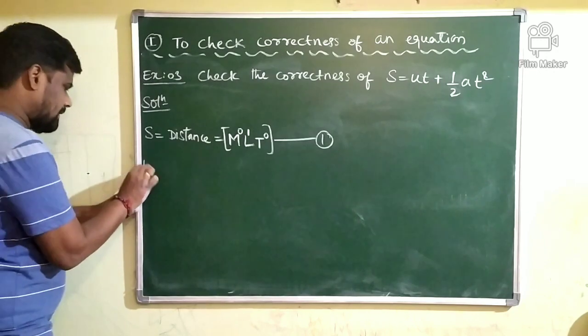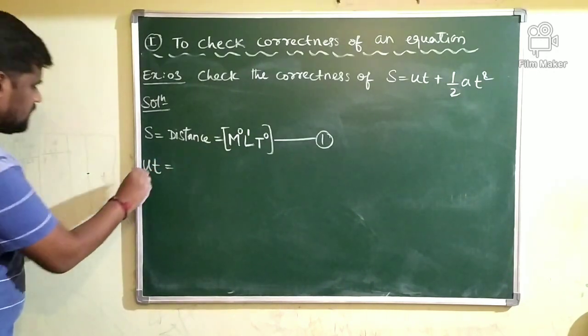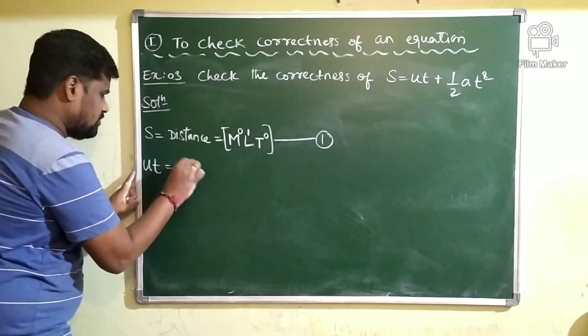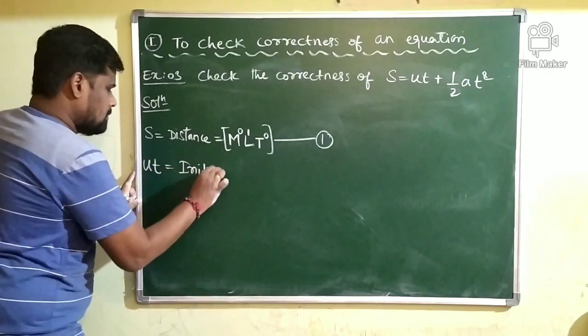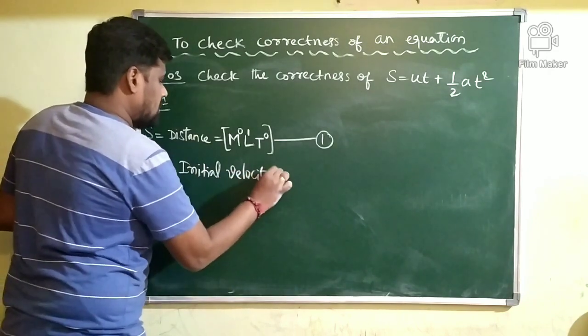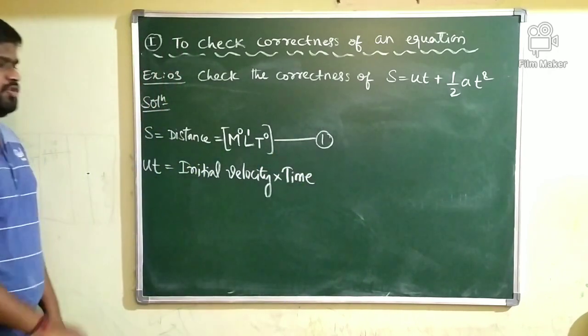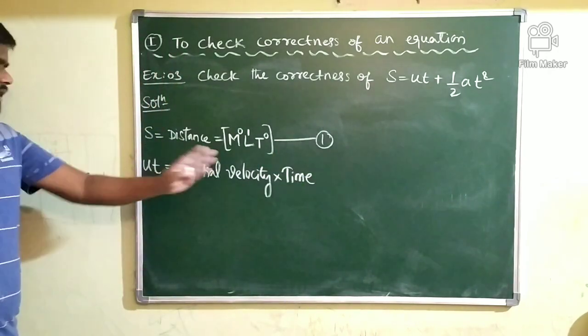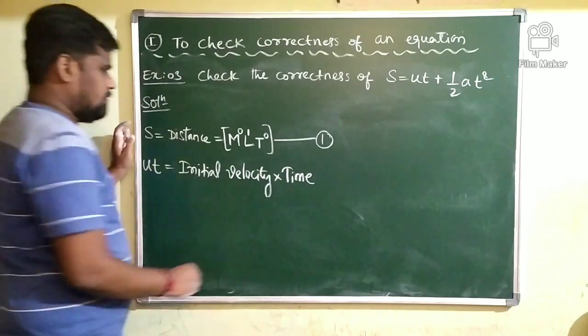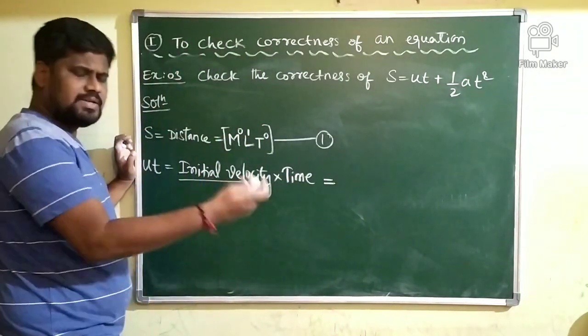Then comes the second term, ut, u into t. What is u here? U is initial velocity, multiplied by t, which is time. Initial velocity is nothing but a velocity.